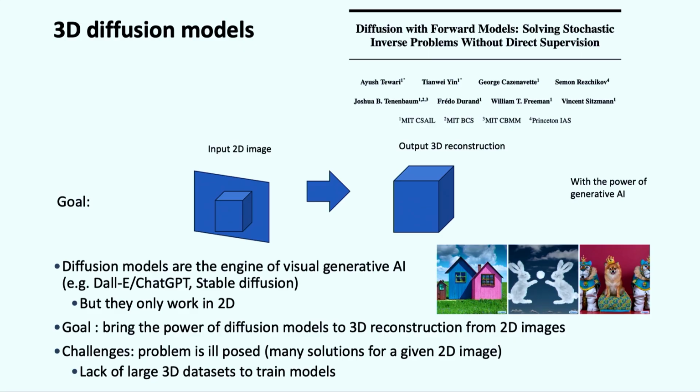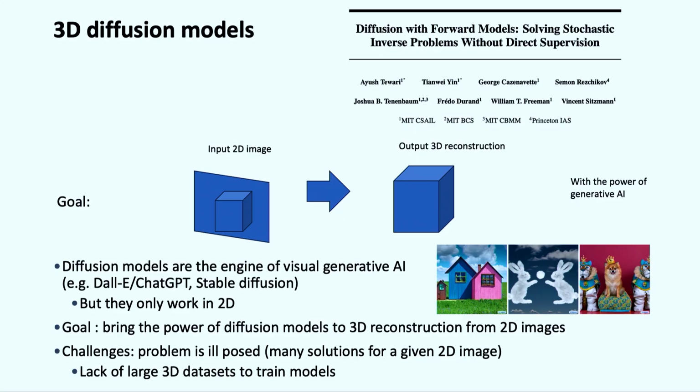You have many cases where you want to recover 3D information from two-dimensional input. It's a very classic problem in computer vision, for example. You have a 2D image and you want to output a 3D reconstruction.